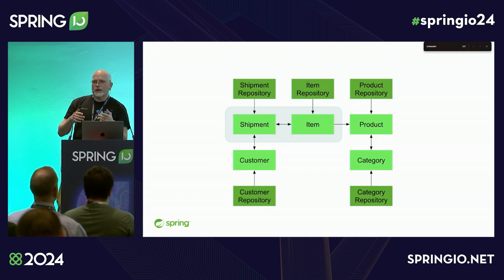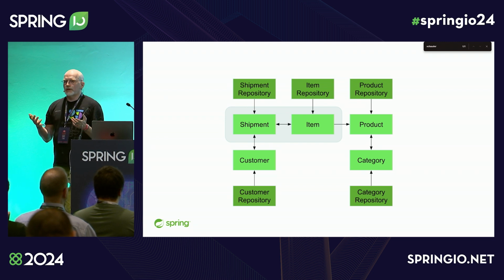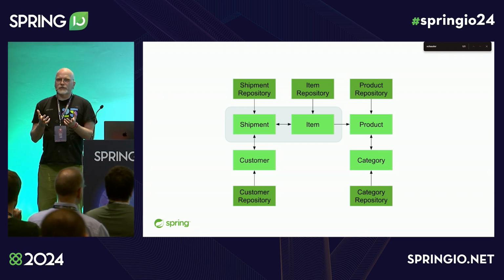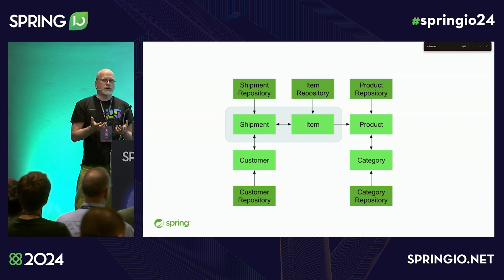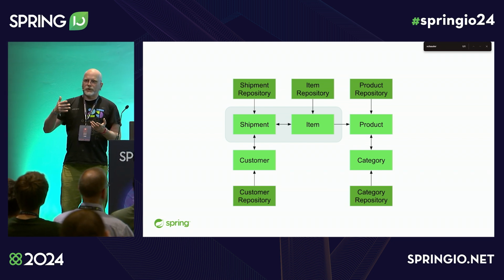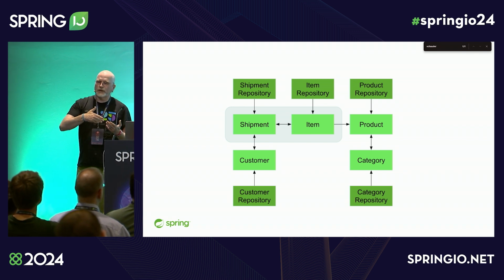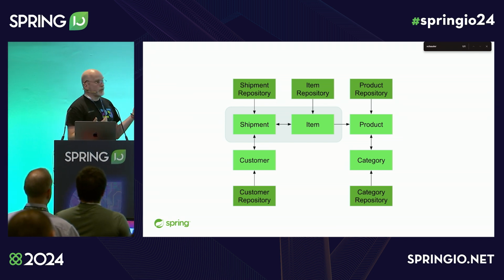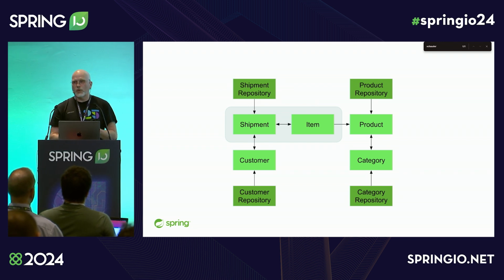Because, again, an aggregate should be handled as one unit, should be persisted as one. So it doesn't make sense to have a repository for an entity that is inside an aggregate. So we have a superfluous repository here, which is the item repository. That needs to go away.